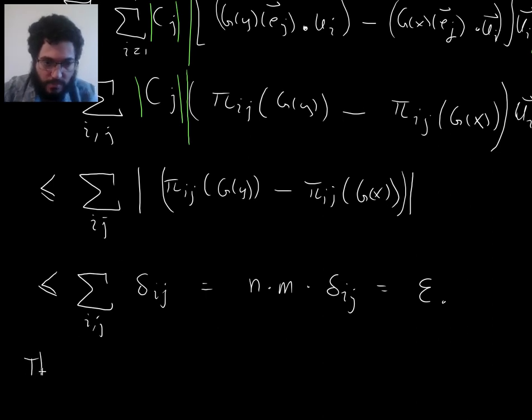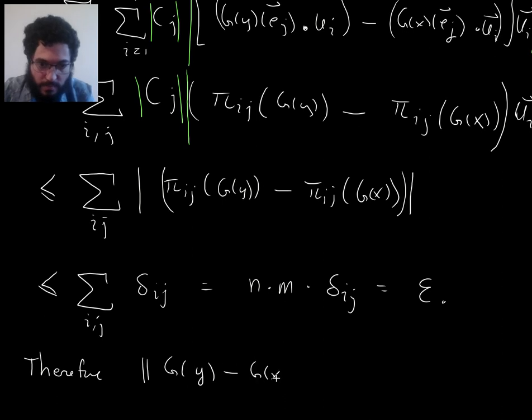So therefore I can say that about the supremum over all vectors of length at most 1. Well, about the supremum I could only say that it's less than or equal to epsilon, not that it's less than epsilon. But since it's also a maximum and not a supremum, I could say less than epsilon.